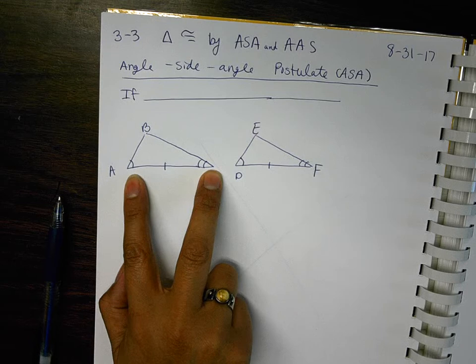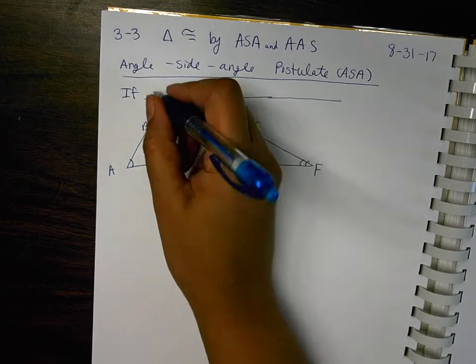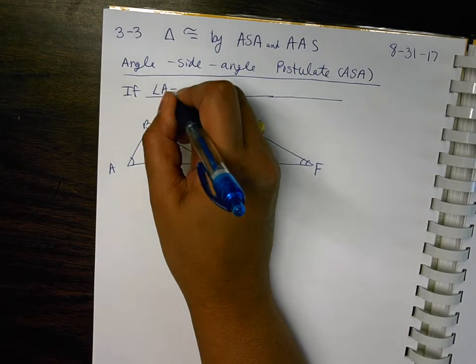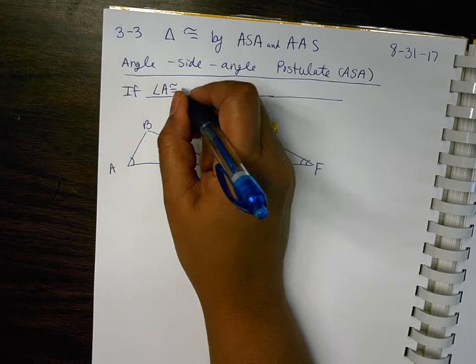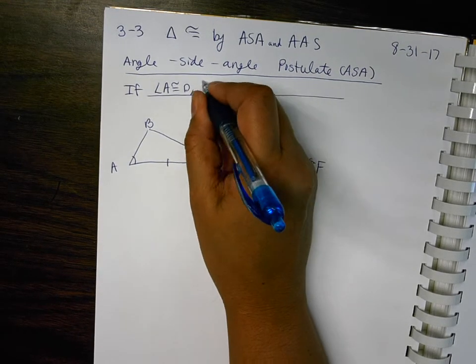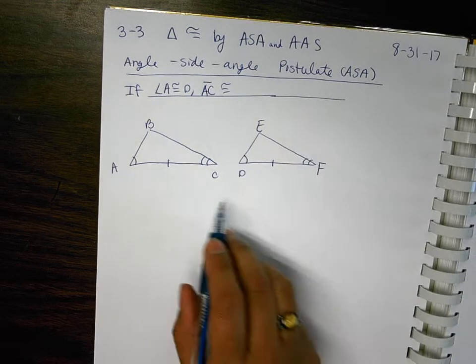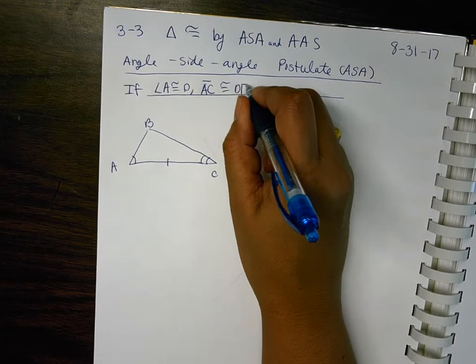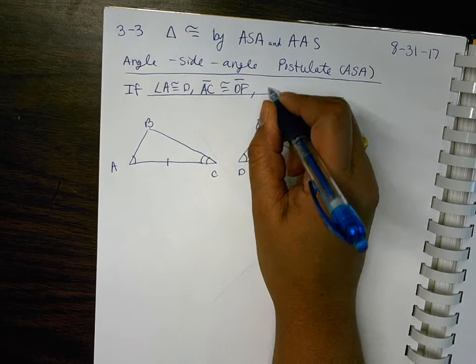Does that make sense? All right, so we would say, if, I need everyone listening, angle A is congruent to angle D, and side AC is congruent to side DF, and there's one more piece. What other angle?